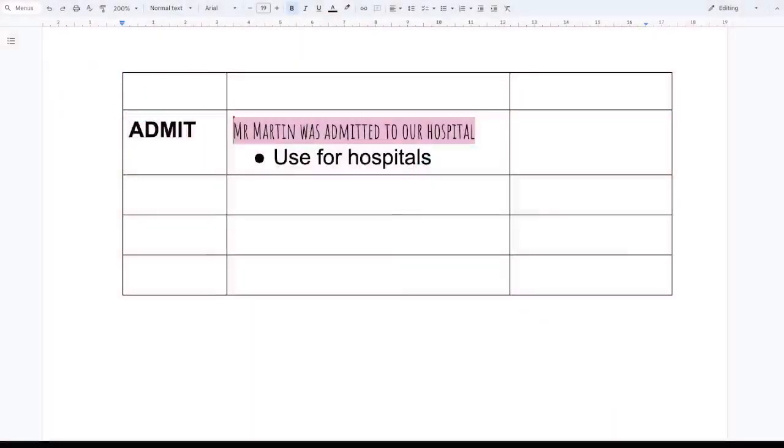You can't just go into a hospital and say, right, I'm going to go on that bed. The patient doesn't decide about staying in the hospital. The doctors decide, the nurses decide. They admit the patients. They allow them. So we use this mainly for hospitals.